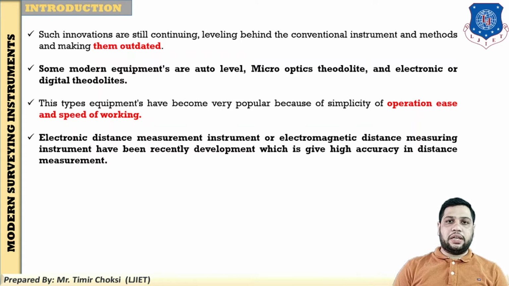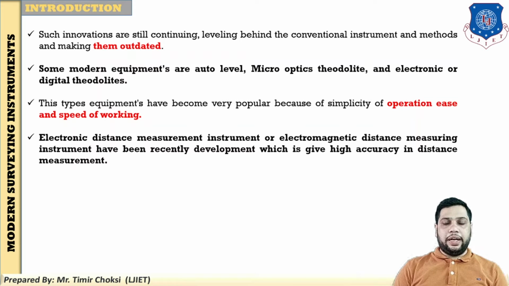In all the sessions of modern surveying instruments, you will study this type of instrument. Electronic distance measurement or electromagnetic distance measuring instruments have been recently developed, which give high accuracy in distance measurement.